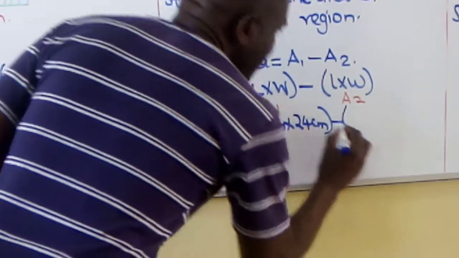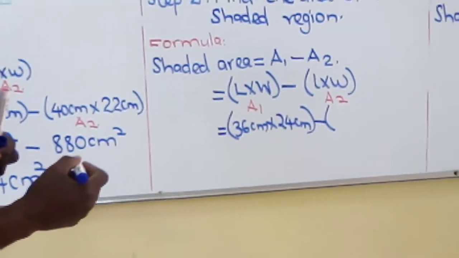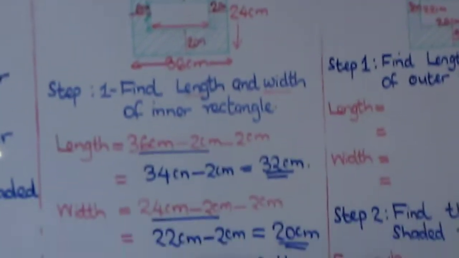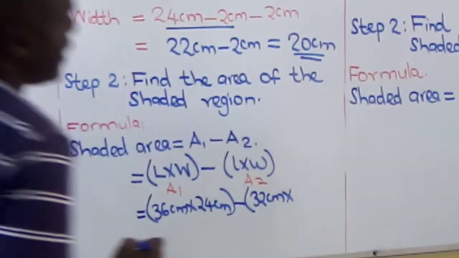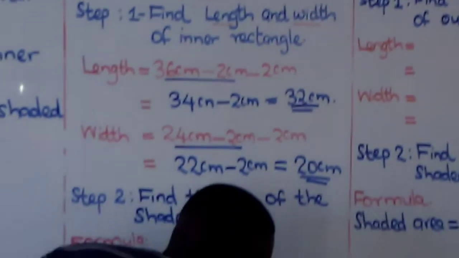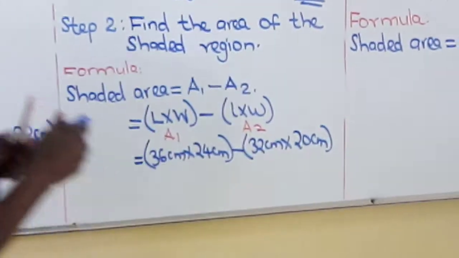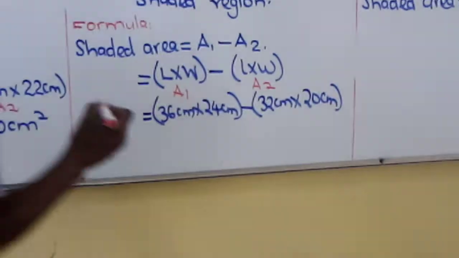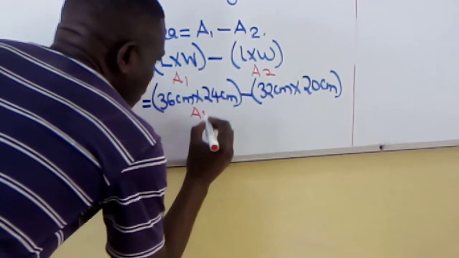Subtract the length of the inner, 32 centimeters, multiplied by the width of the inner, 20 centimeters. I hope now we understand. Still, this is area 1 and that is area 2.